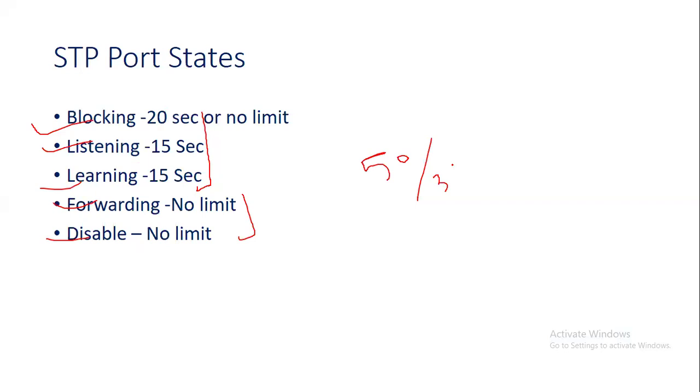If you are not getting a reply from the switch or the link for 50 or 30 seconds, the switch will be considered down, or an alert will be triggered. That is for the STP port. Blocking, listening, learning, forwarding, and disabled: forwarding and disabled totally depend upon the root port you have. So this is all happening in STP, and this is how the election happens in STP.